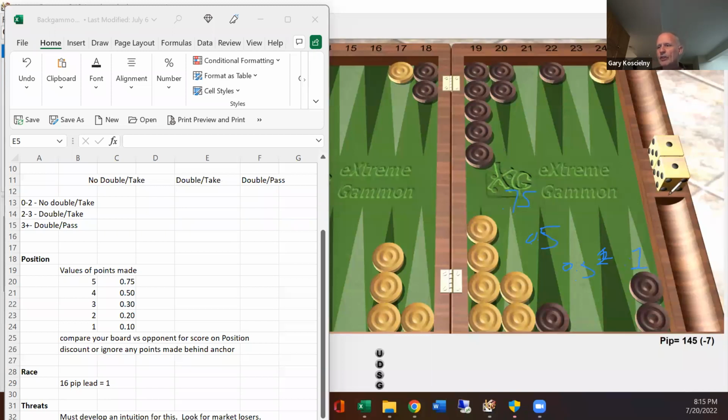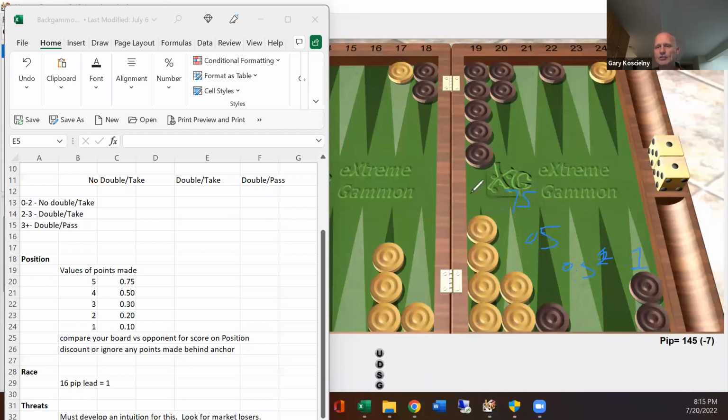Now, the third and fourth pieces of this are gammon potential and threats. Those are much less objective, and you have to get a sense of it through practicing, because there are many different threats that you can consider.